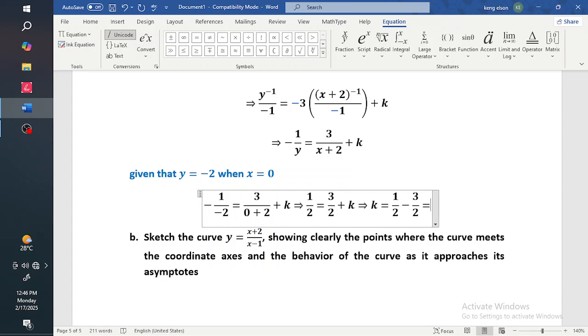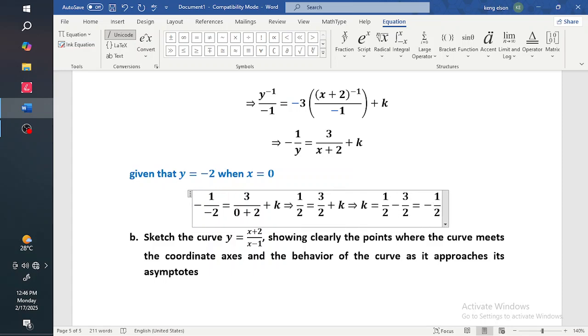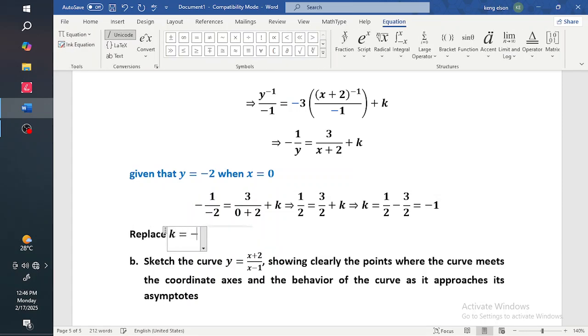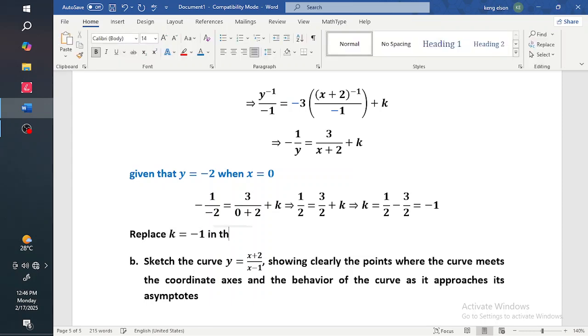Half minus 3 on 2 is 0.5 minus 1.5, sorry, it's negative 1. Yes, negative 1. So that's the value of k. So since k is negative 1, we are going to replace k equal to negative 1 in the above solution that we have.